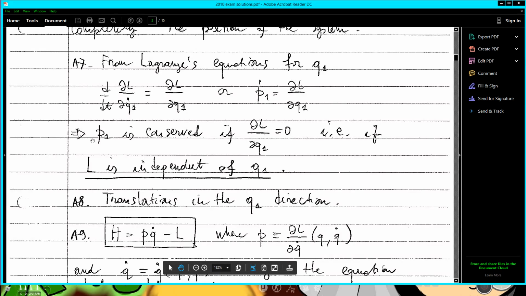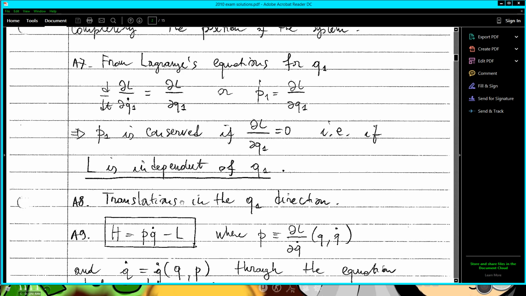So in this case, if P1 is conserved, then L has to be independent of Q1. Think about it this way: we can translate it by any Q1 value, and dL over dq1, because L doesn't depend on Q1, any translation by that would disappear once you differentiate it.